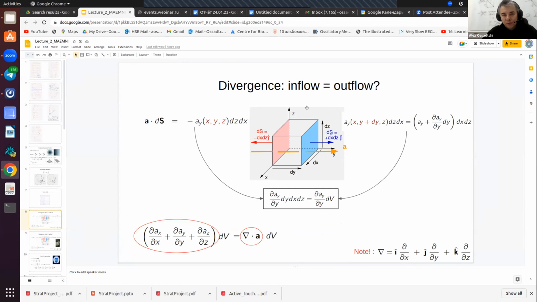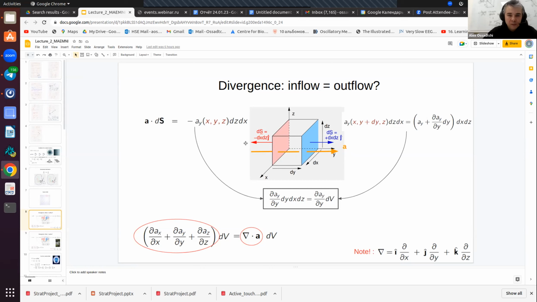And assume that you have this volume. Now think about it this way. This line is your vector field line, and there are many of them, but because it's a very small segment of space, they are all parallel to this one.